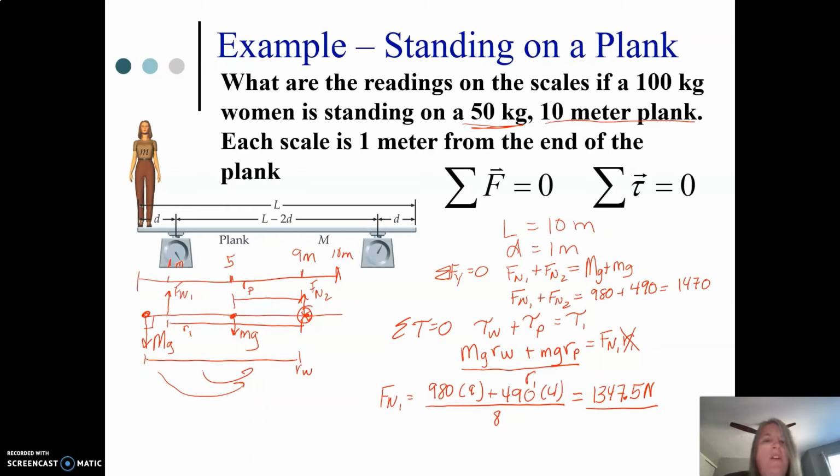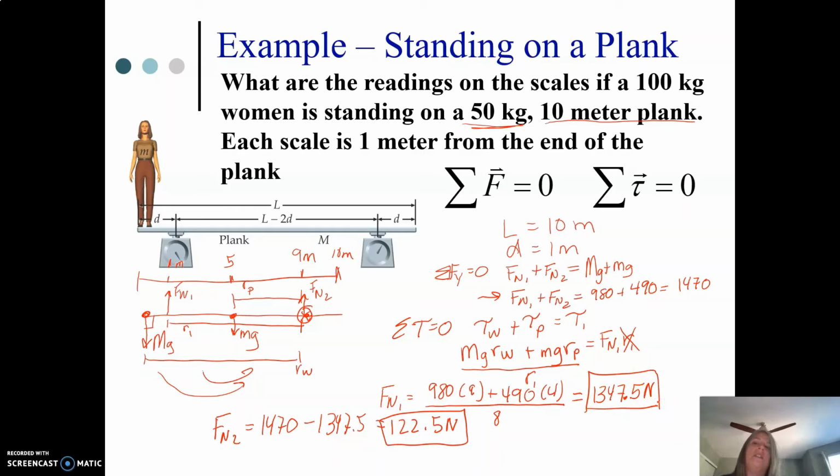All right, so now I know what normal force 1 is. If I go back to my equation up above and rearrange and solve that, then normal force 2 is going to equal 1470, the total weight of the plank, minus my normal force 1, which is 1,347.5, and we're going to get an answer of 122.5 newtons, which is a lot different than our first scale.